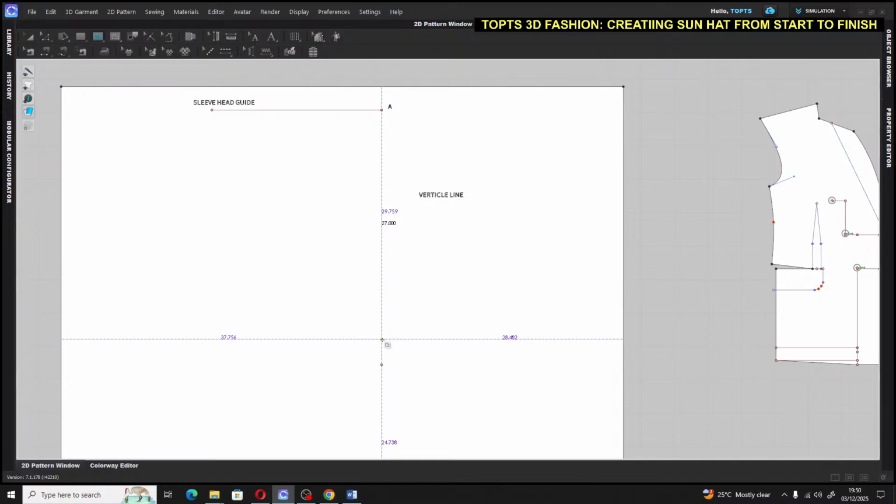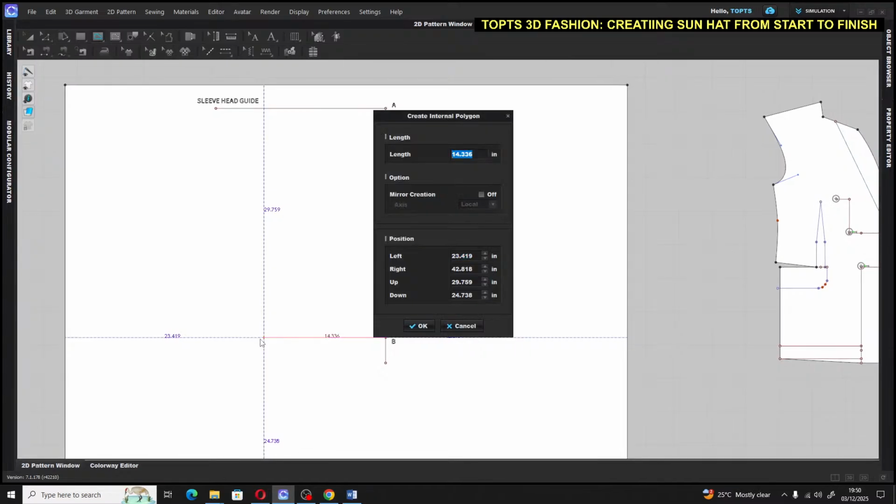So this A to B is our 27, and we label this point B. And we also go ahead and square a straight line like this. We square that straight line.